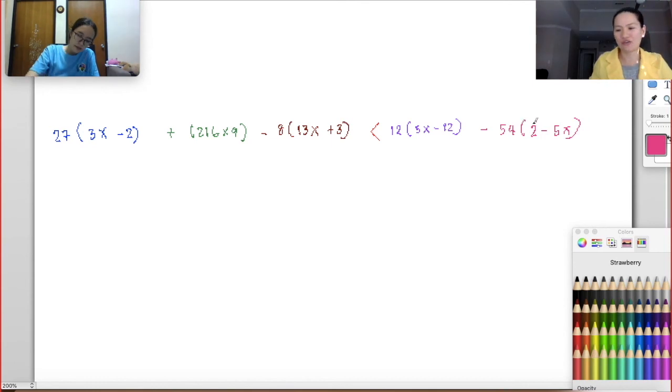Okay, now we do it step by step with the blue color. 27 multiplied with 3x equals 81x, minus 27 multiplied with negative 2 is negative 54. Okay, Jazz?